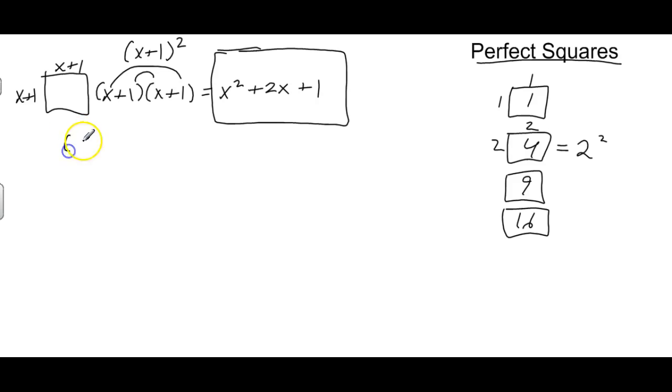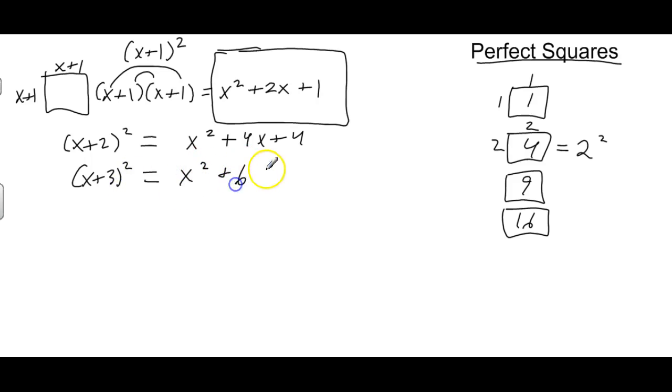If we did x plus 2 quantity squared, we multiply that out, you get x squared plus 4x plus 4. The pattern may not be obvious with those two, but if you do x plus 3 squared, you start seeing a pattern here. x squared plus 6x plus 9. Same thing with x plus 4 squared.